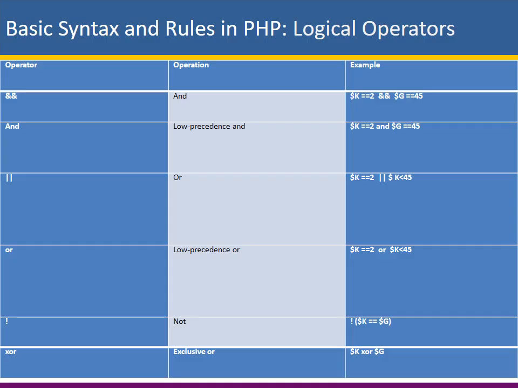We have the or, using the double pipe, with the examples there. We have the low precedence or with the example. We have the not sign with the example. We have the exclusive or.